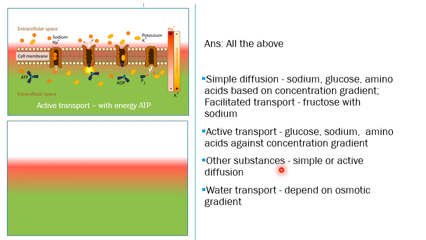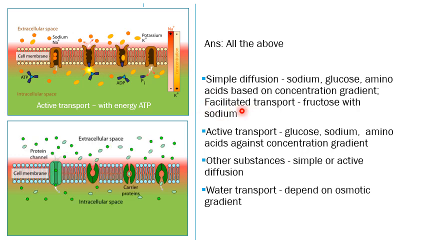Okay, then the other form, simple diffusion, comes under passive transport, because we don't spend any energy for that. Another form of passive transport is facilitated transport. You will see that here now. This occurs for fructose. Along with sodium, the fructose will move through.